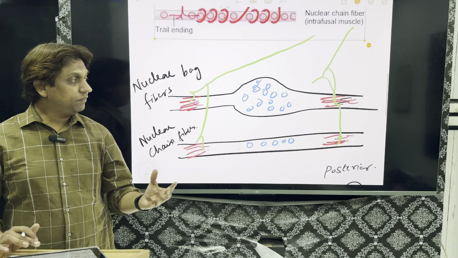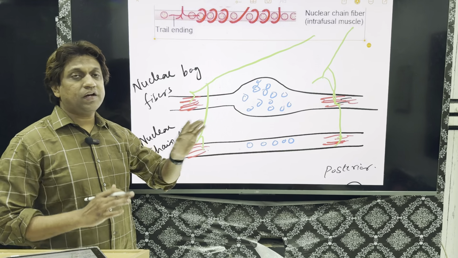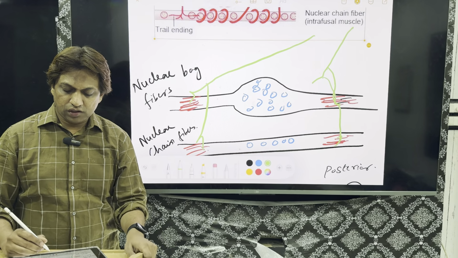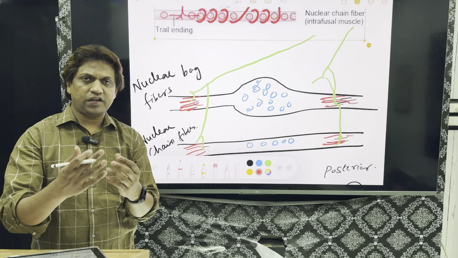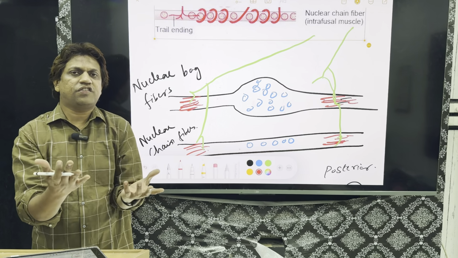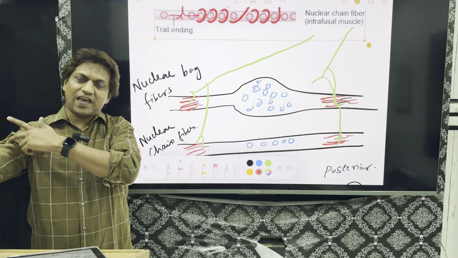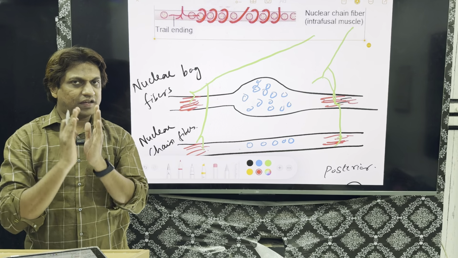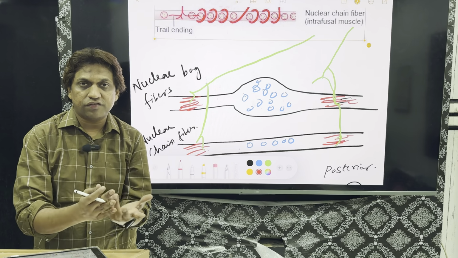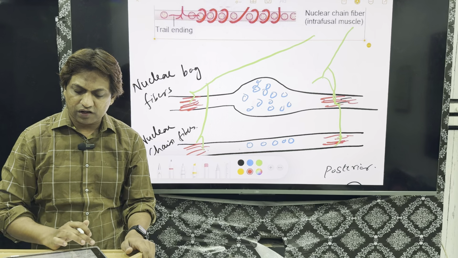Now, from these nuclear bag fibers and nuclear chain fibers come sensory nerves. I said it is a stretch receptor or a sensor. So, whenever the muscle is stretched, that sensation is carried to the spinal cord through sensory nerves. What are those sensory nerve fibers?